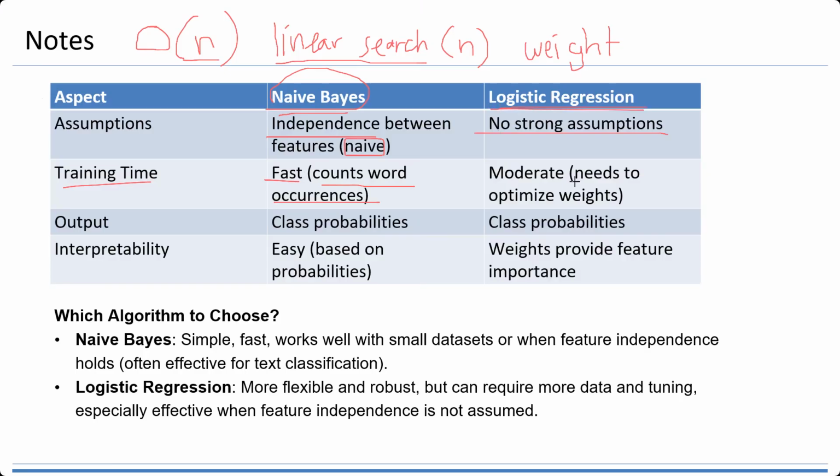In logistic regression, we need to optimize the weights, so there is some mechanism to get the weights.